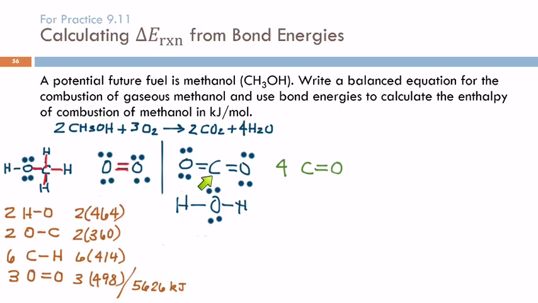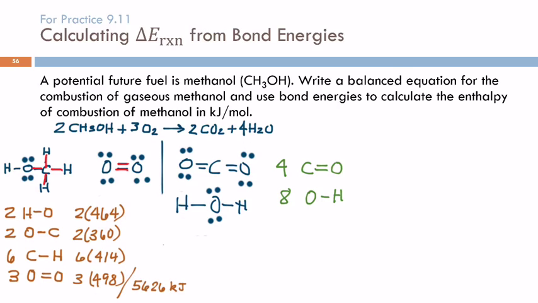To make this molecule, we have to make 2 carbon-oxygen double bonds, and we want to make 2 molecules, so we need 4 of those bonds forming. And then there's water. In each water molecule, there are 2 oxygen-hydrogen single bonds. We have 4 of those molecules, so we're going to have 8 of those.